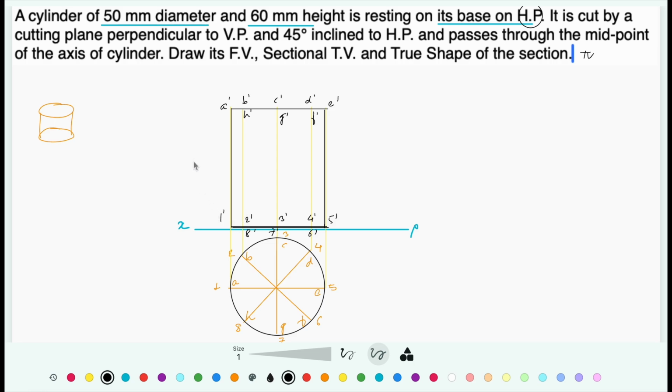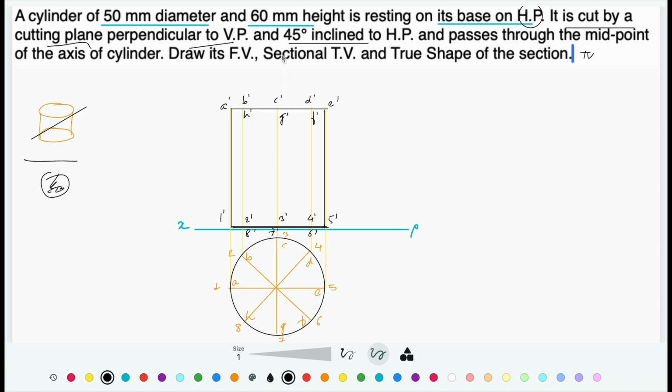Now let's talk about the section plane. It is cut by a section plane or cutting plane perpendicular to VP, inclined to HP. So the cutting plane is going to be located in front view, and the top view is going to be a sectional top view.